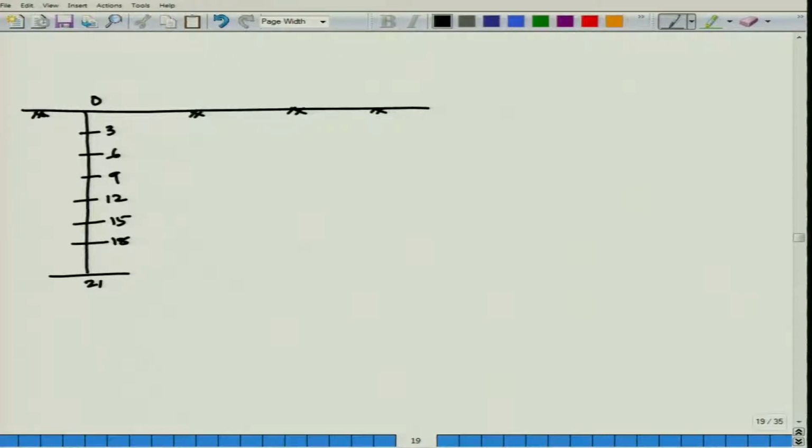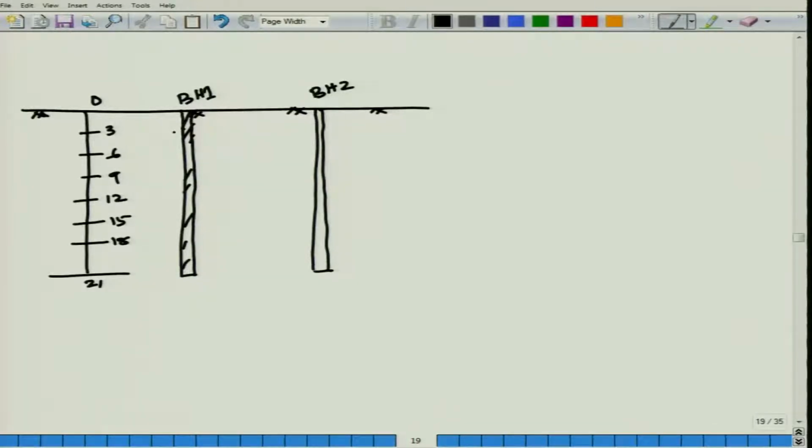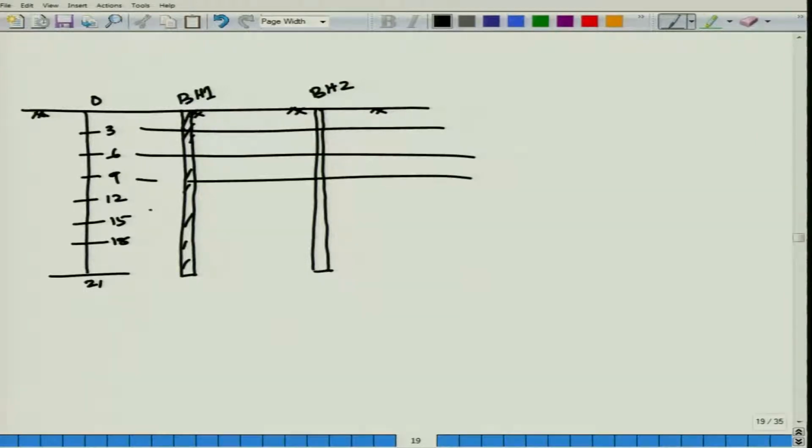Suppose there are two boreholes, draw it like this. I will show you a PPT also, data loggers, mark it. This is your BH1, then another one is your borehole 2, any number of boreholes whatever you have decided. Now every depth you mark it.